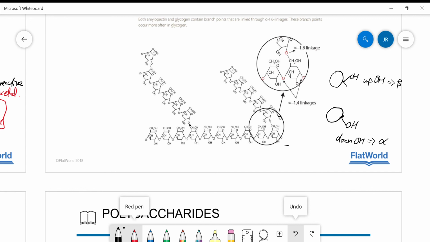So we look here, we've consistently got a down O, down, down, they're always down. So these are alpha glycosidic linkages. Okay, that's important because we're going to see beta in a second.